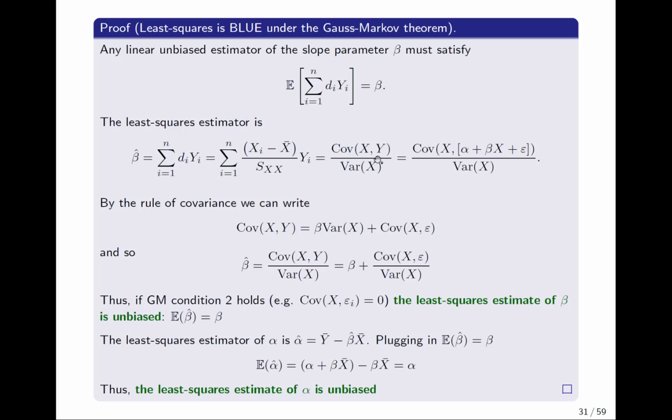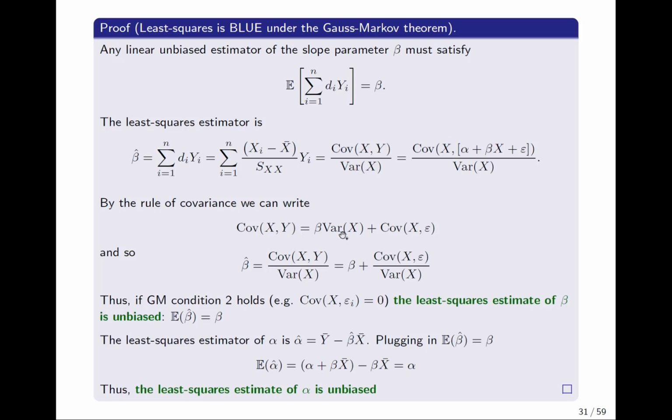That in turn is equal to the covariance of x and y over the variance of x, as we've already seen. And we can expand y in this form here, so the covariance of x and y expanded, over the variance of x. Now, by the rules of covariance, we can write this numerator in this form here.